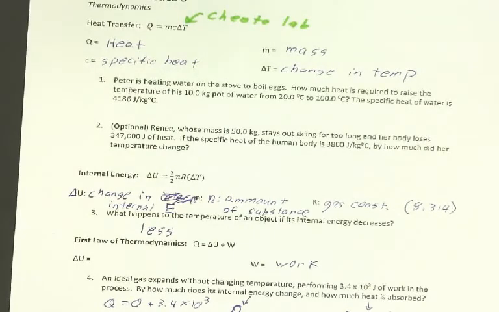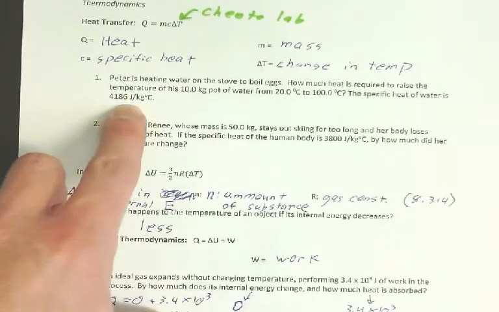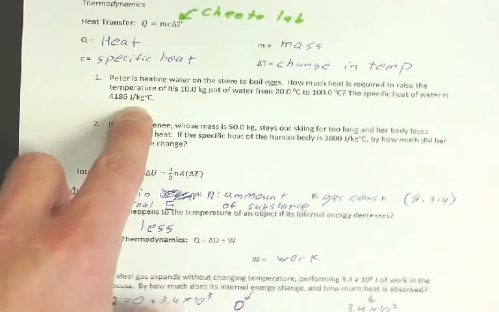I know I wrote it in the lab. Oh, but actually, I think I know why. It is 4,186 because mine's in kilograms, not grams. Oh, that's why. Okay. I did make a mistake. That's kind of nice, you made a mistake. No, I didn't.